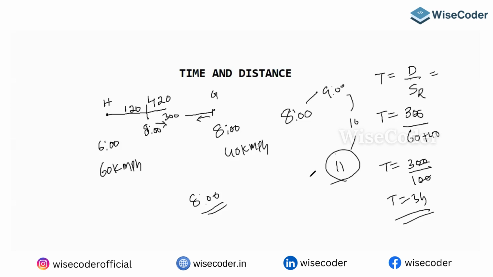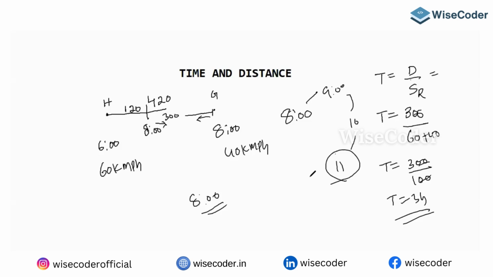Then we moved to the relative speed. When will the relative speed come into the picture? When two bodies are in motion, then only the relative speed comes into the picture. According to one moving body, the other moving body is also in motion, otherwise no. In relative speed, we observed that when both are moving in the same direction, the speeds get subtracted.